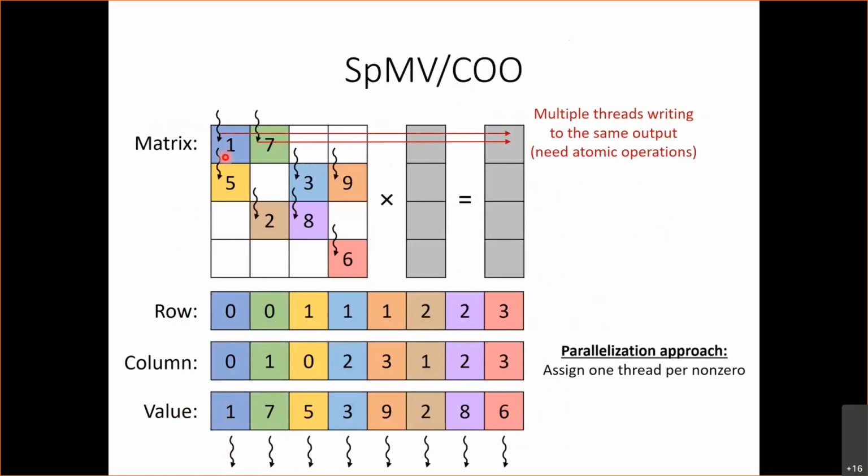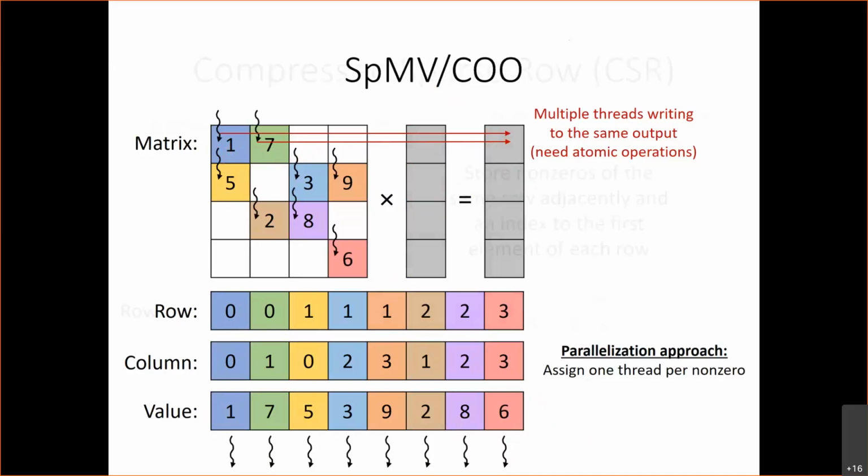That thread will be responsible for reading the value, reading the input at the column index, and then updating the output at the row index. This is how we parallelized SPMV with the COO format.